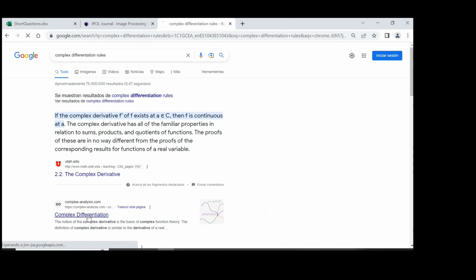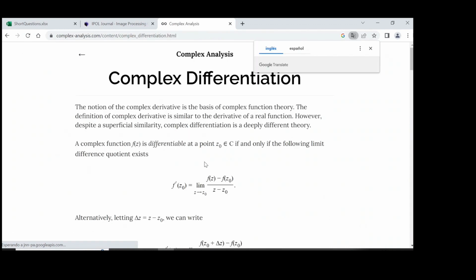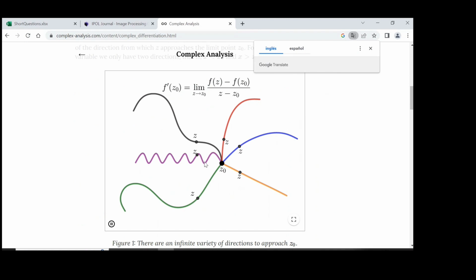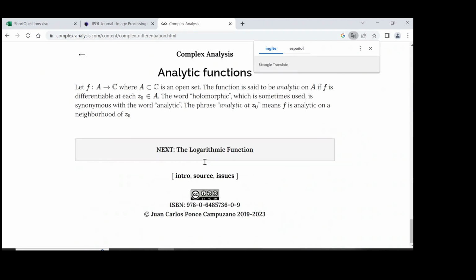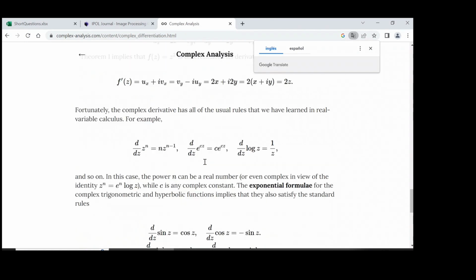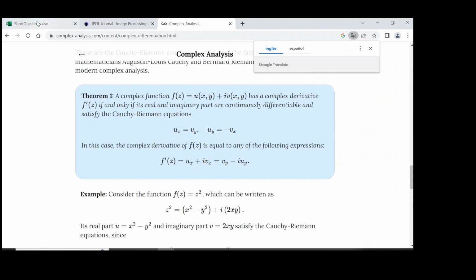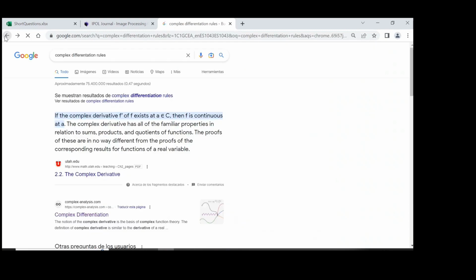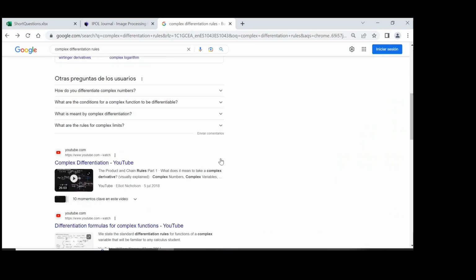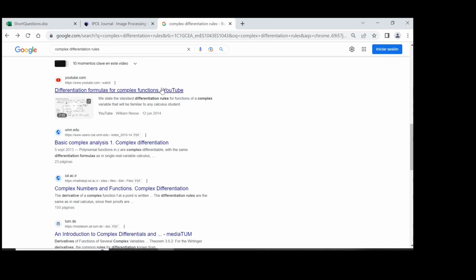This one. I'm looking for some kind of table of differentiation. Differentiation formulas for this.